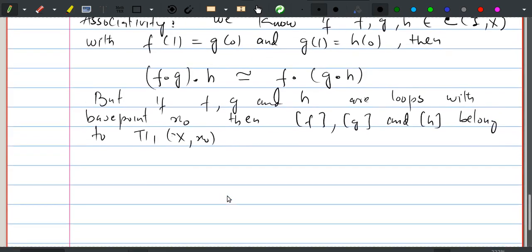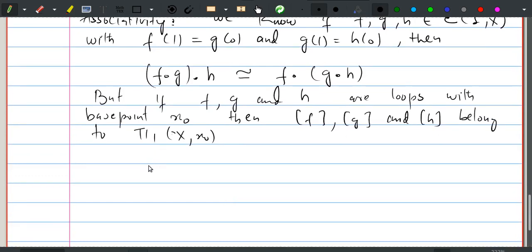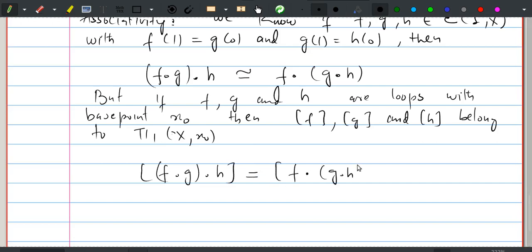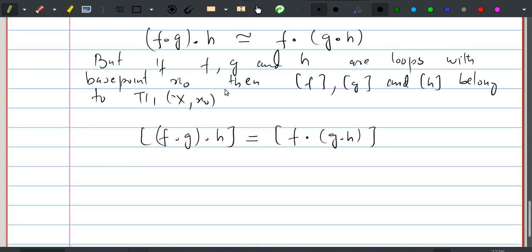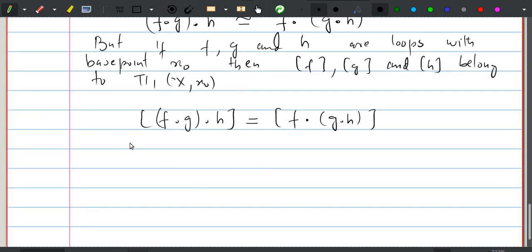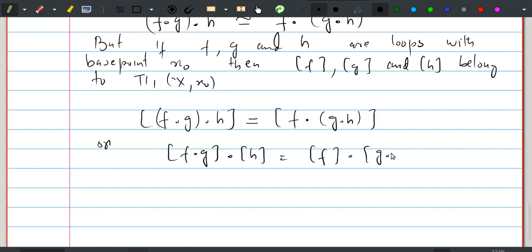So now let us prove the associativity. We know that this product here is the same equivalence class as this path here, because these maps are homotopic. So this implies that the equivalence class of fg dot the equivalence class of h is the same as the equivalence class of f dot the equivalence class of gh, by the definition of this binary operation. So this further implies that the class of f and g product with the class of h is the class of f product with the classes of g and h.